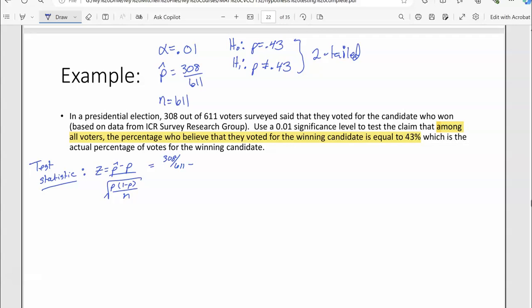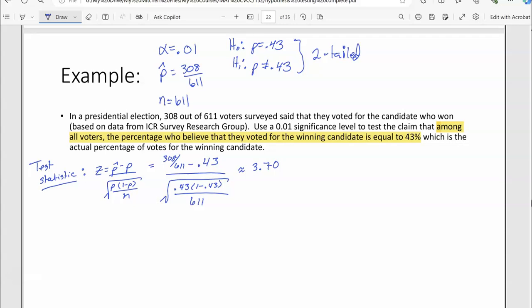Our p is what we're testing, 0.43. We're going to divide by the square root of 0.43 times 1 minus 0.43, all over n, which is 611. Now, when we type this in the calculator, we've got to be really careful. If you need to do it bit by bit, you can. That's fine. I'm going to do that off screen. And when I do that, I get about 3.70. So there's my test statistic.